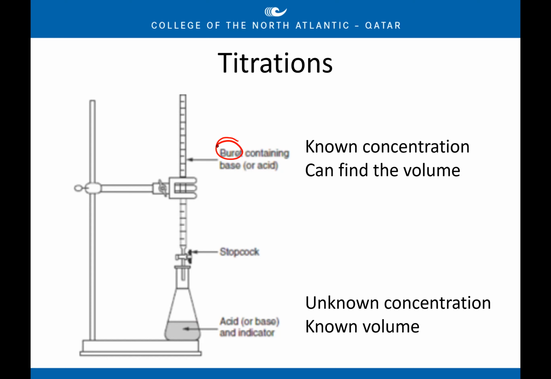And this contains your base, or it could be your acid, but basically it contains the chemical that you know. And then below that, you have the Erlenmeyer flask, which contains your unknown. And you basically mix them together until they are neutralized, so you can find the concentration of that unknown.